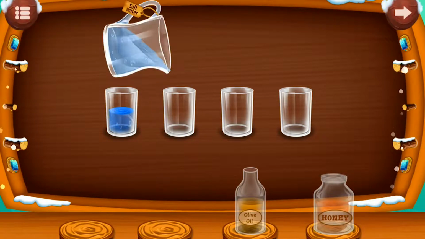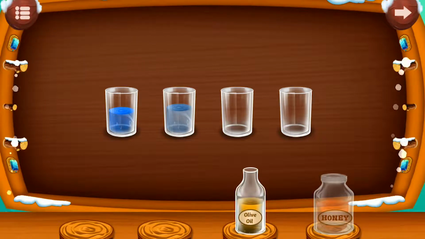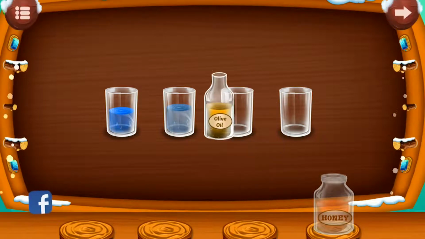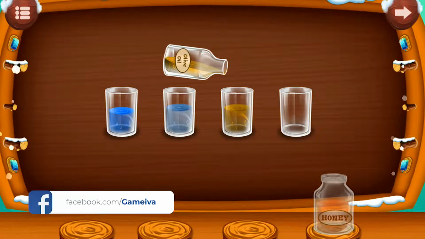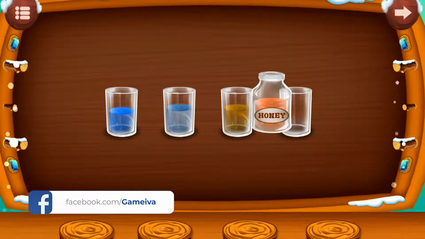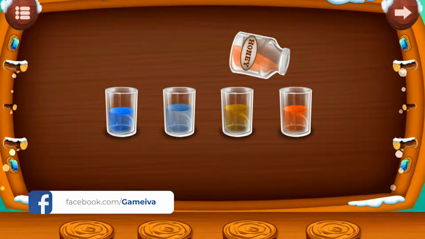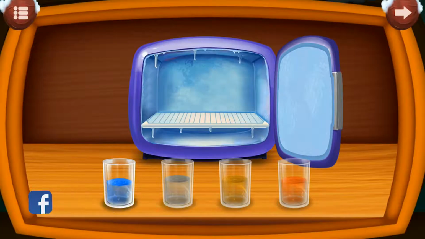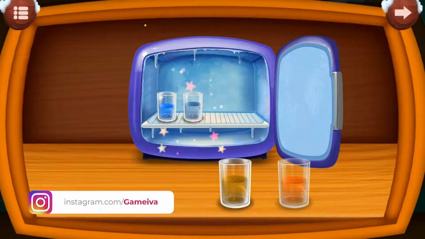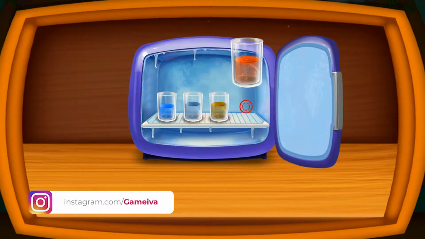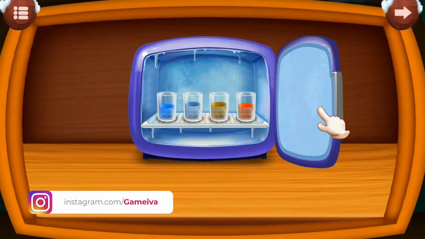Fill the second glass with salt water. Fill the third glass with oil. Fill the last glass with honey. Put all the glasses into freezer. Close the freezer.